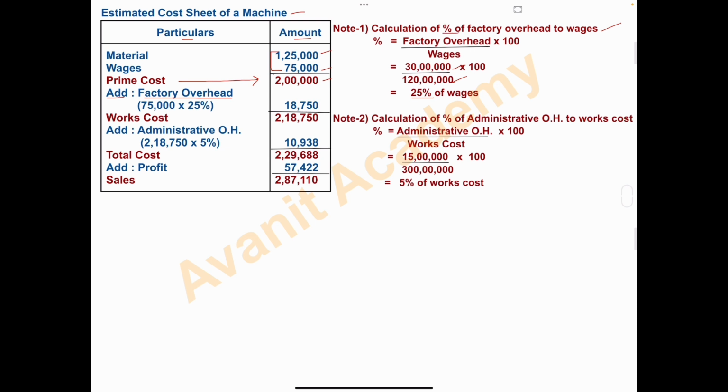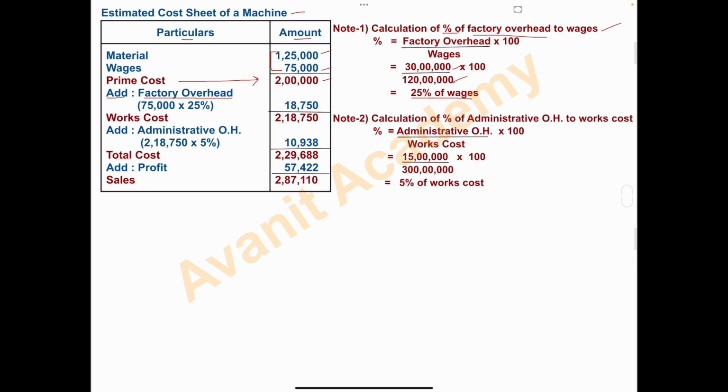So don't just write 25. Write 25% of wages. The answer is 25% of wages. So how much factory overhead do we have to charge? 25% of wages. Whatever the wages amount is, 25% of that we have to take as factory overhead.